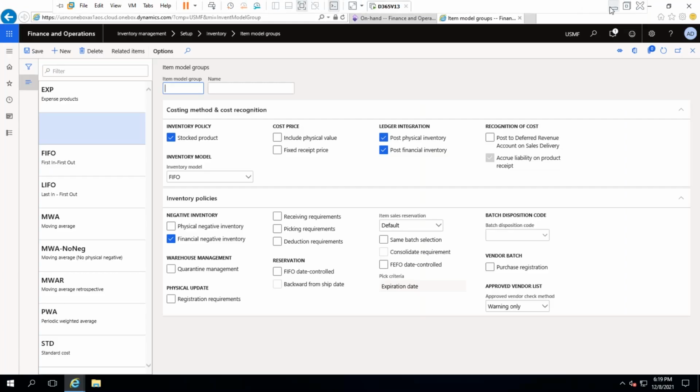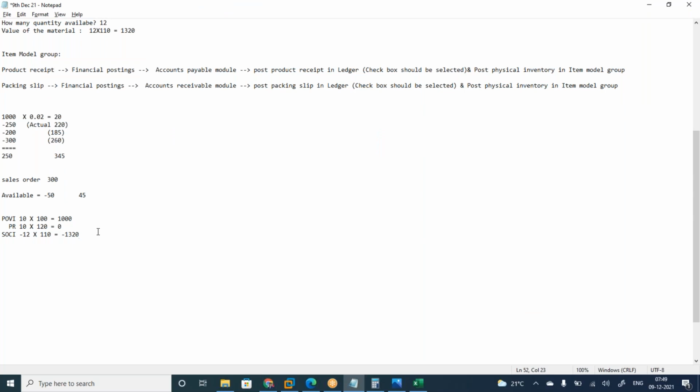It means that even though product receipt is received and updated, but not invoiced, the quantity can be invoiced to the customer.